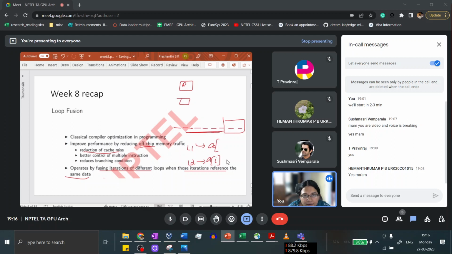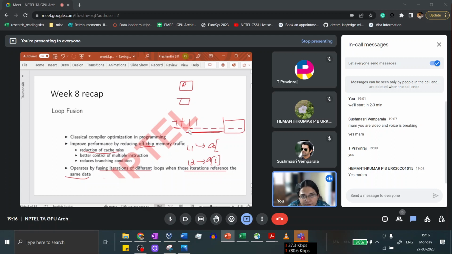But now you come to the second loop and you're again going to access these elements at the beginning of the array, none of which are in the cache. So it will all cause cache misses, and again you will have to pay the memory cost of bringing it into the cache. That can be avoided if you club multiple loops into one, because now you bring the data into the cache and then perform two computations on it.